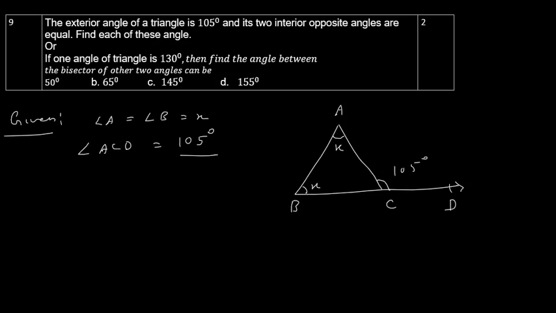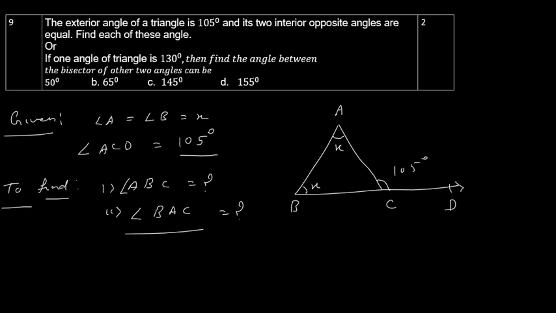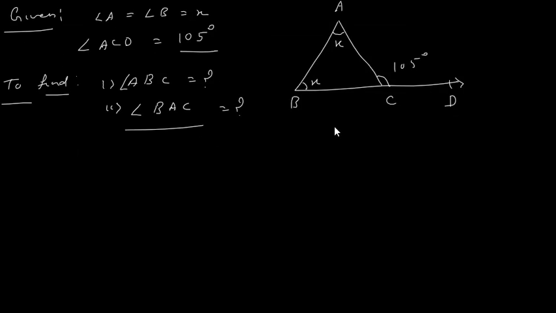So what do we have to find? To find angle ABC, we have to find this angle ABC and this angle BAC. What is the measure of these two angles? Now by the exterior angle theorem, you know the exterior angle theorem.